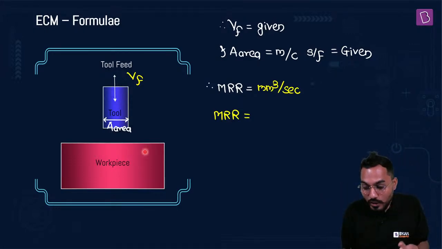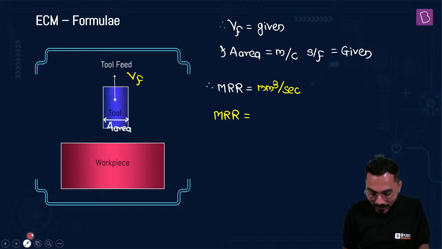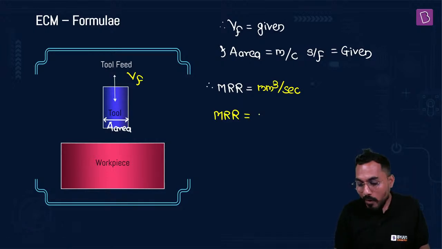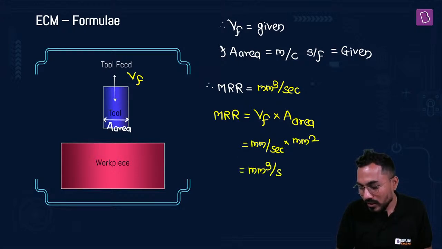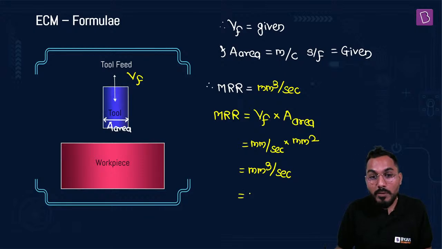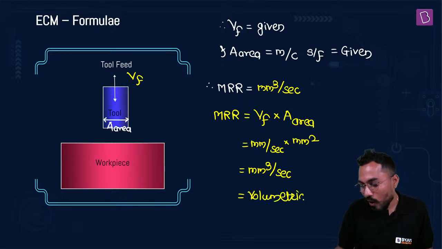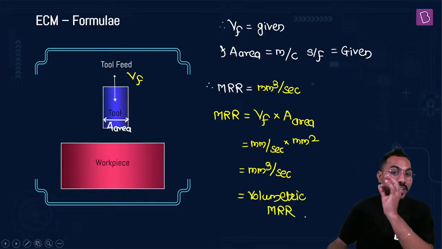So can I say my material removal rate will be exactly equal to cross section area multiplied by feed velocity? क्या है feed velocity? mm per second. क्या है area? Millimeter square. What is the formula? Unit mm cube per second. mm cube per second is nothing but what? Volumetric. Volumetric MRR.